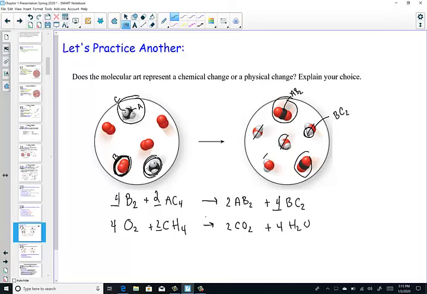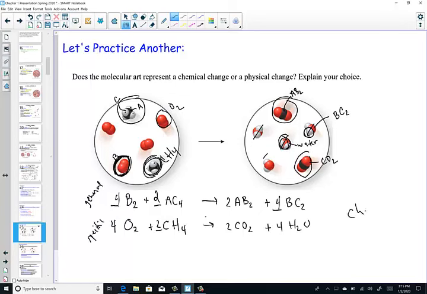So this we recognize as water. This we recognize as carbon dioxide. These are oxygen molecules, and these are what we call methane. So we decided that we could call them anything we wanted to, but we're learning that they do stand for specific atoms as well.